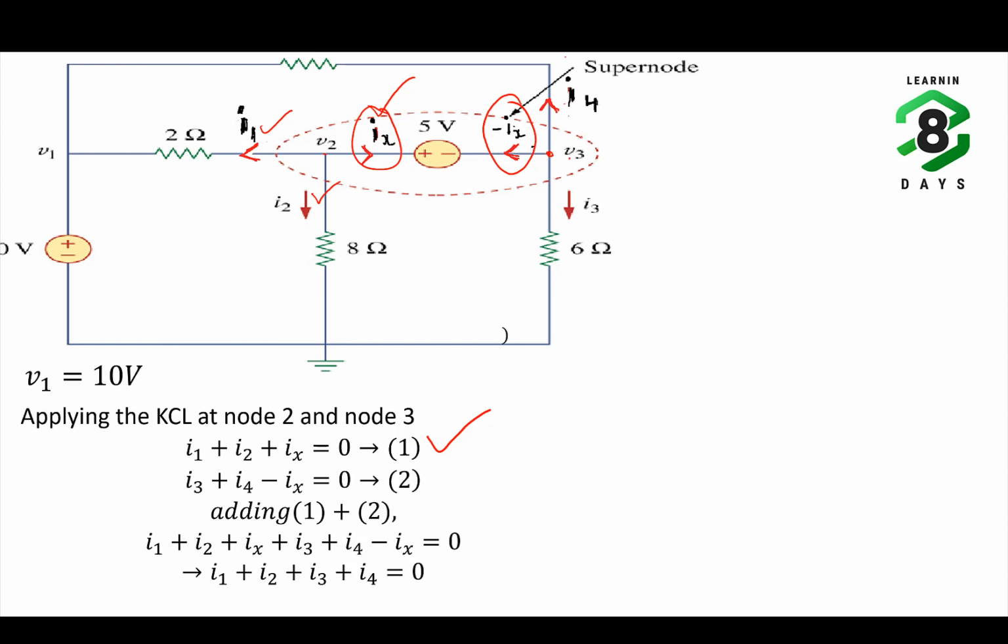At node 3, if you apply KCL, you are going to get I3 plus I4 plus minus Ix equal to 0. If you add equations 1 and 2, Ix and minus Ix will get cancelled. You are going to get I1 plus I2 plus I3 plus I4 equals 0. This is a super node equation.